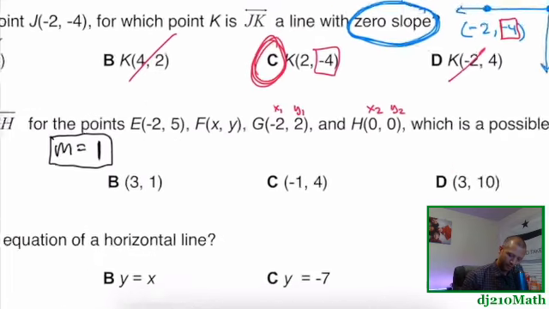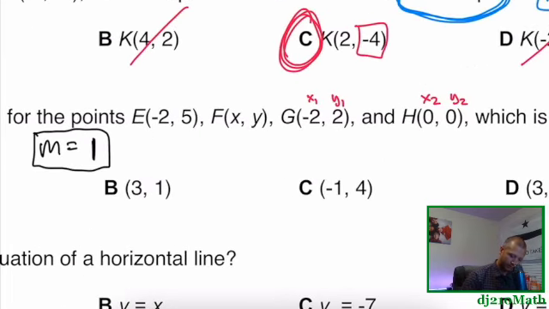Okay, so the way we're going to do this, I'm going to switch colors. X1, Y1. X2, Y2. And we're going to set it up exactly like if we're finding the slope. So Y2 is Y minus Y1, which is 5, over X2, which is X, minus X1, so minus X1, which is negative 2.